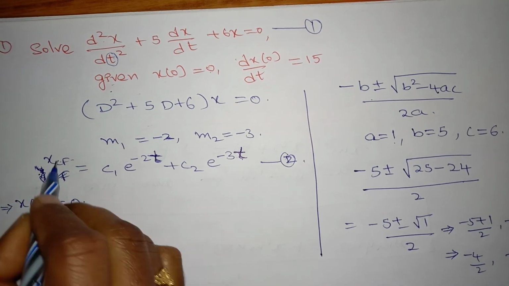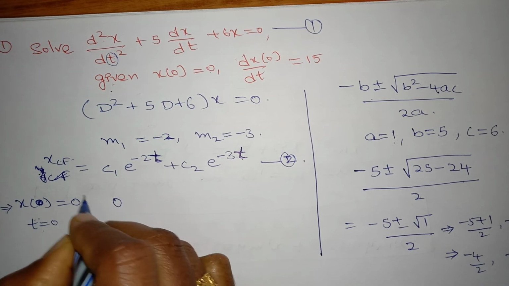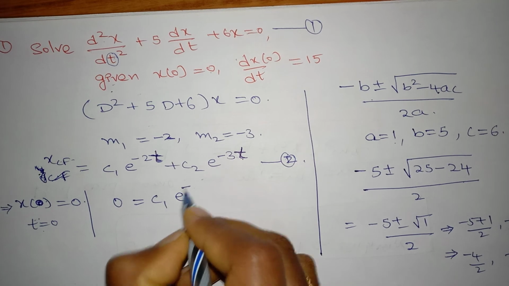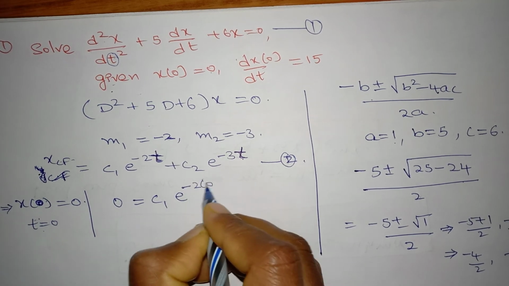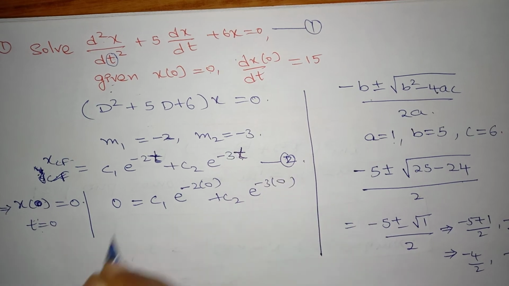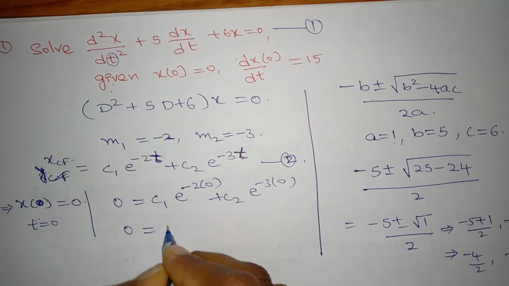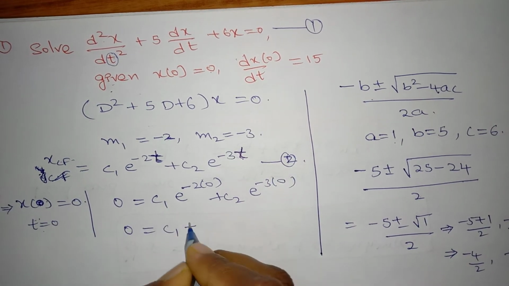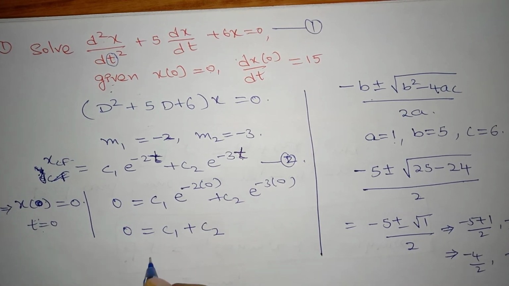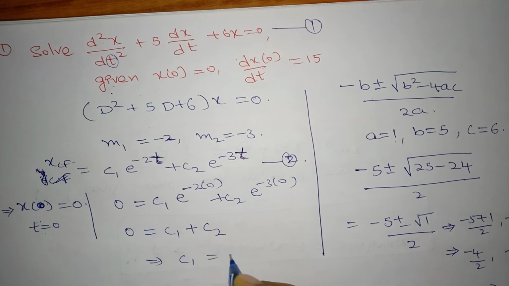Now x of t is equal to 0, which is equal to c1 e power minus 2 into 0 plus c2 into e power minus 3 into 0, which is equal to c1 into e power 0, which is 1, plus c2 into e power 0, which is 1. From here c1 equals minus c2.